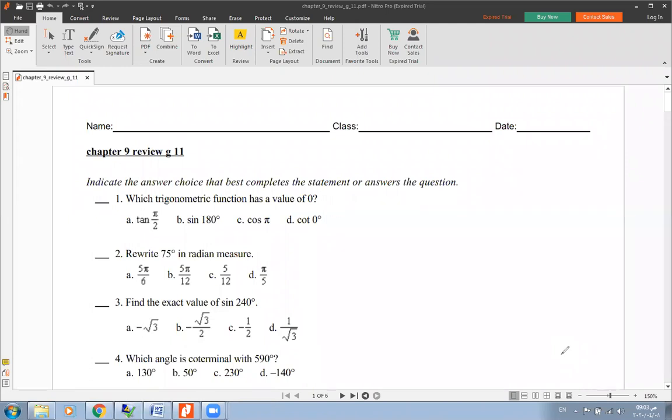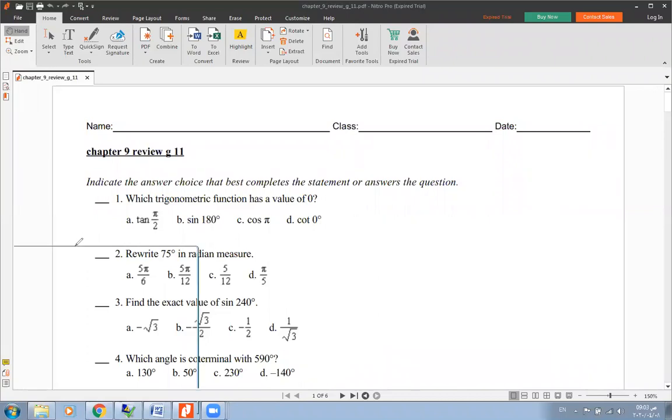Nawaf. Yes, Mr. Okay, can you read the first problem, please? Which trigonometric function has a value of 0? Tan pi over 2, or sine 180, or cosine pi, or cotan 0 degree.